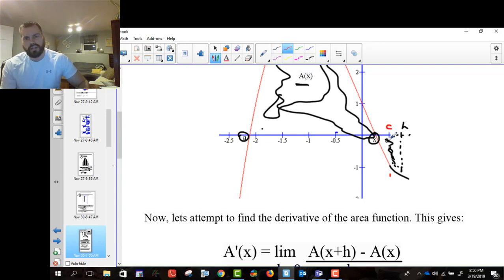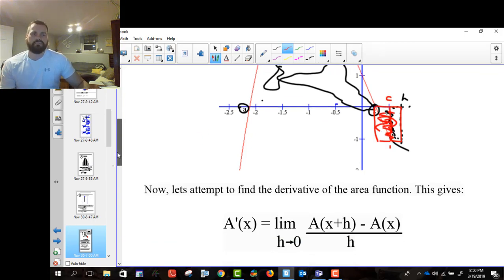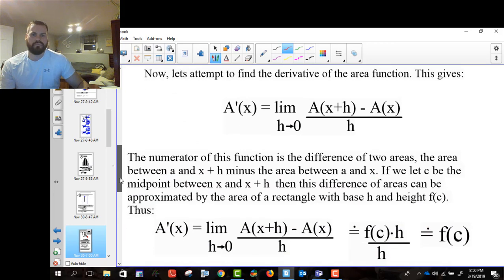Let's call that c. I put a rectangle right here whose midpoint is at c and whose base is x plus h, if you can imagine that. So I'm saying I can approximate the difference in the area by that.